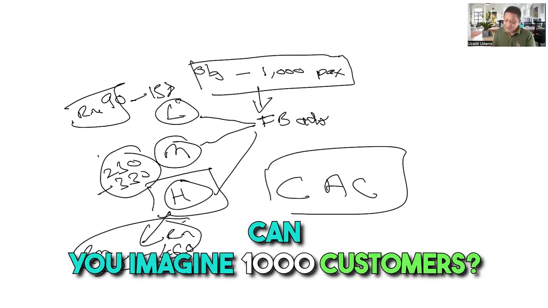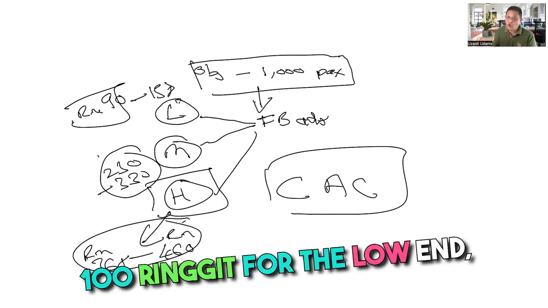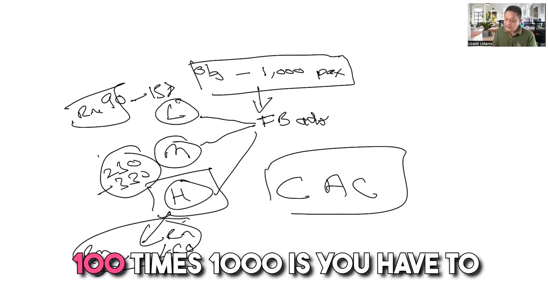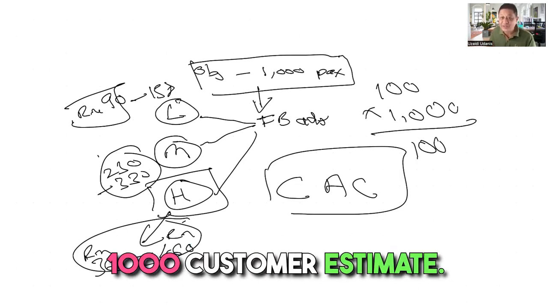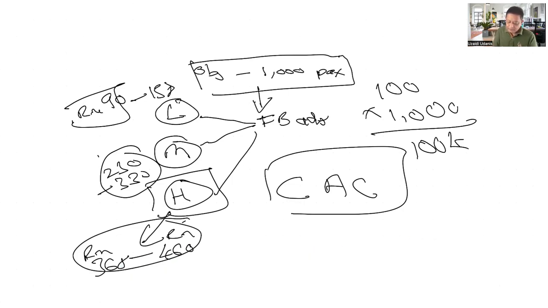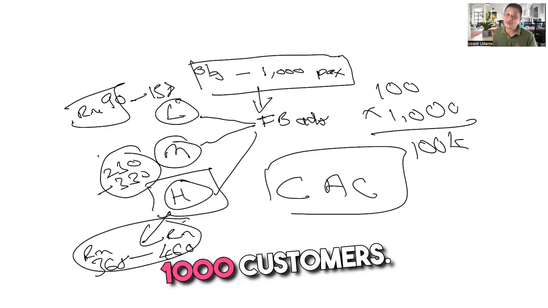Can you imagine 1,000 customers? It costs you 90 ringgit, let's say 100 ringgit for the low end, for those who have special packages. 100 ringgit times 1,000 means you have to spend 100,000 ringgit to get 1,000 customers.